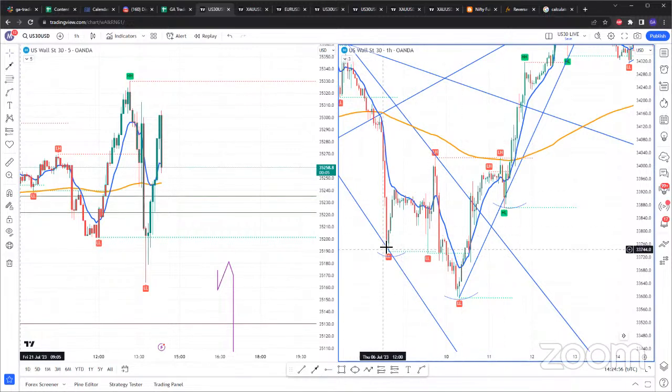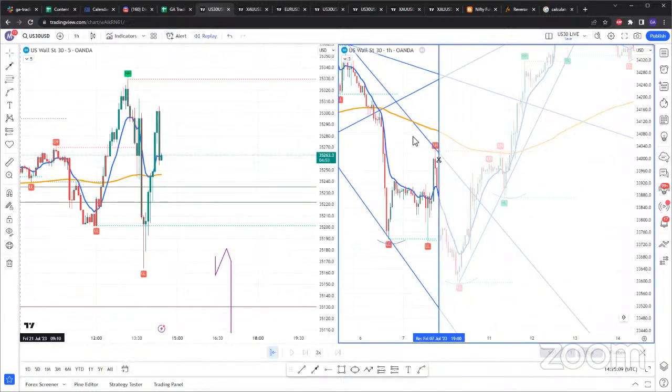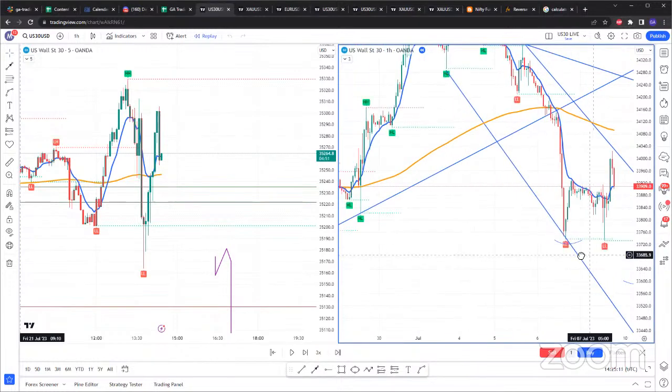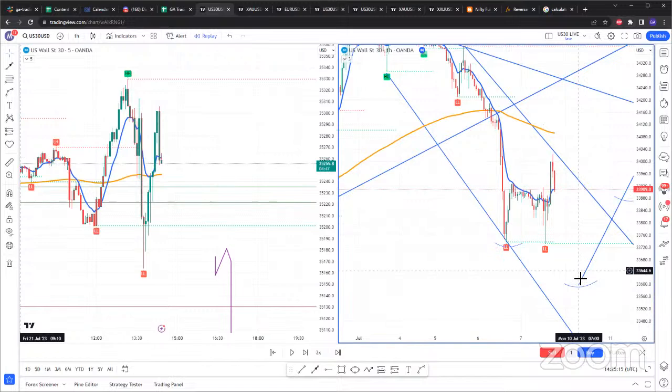Then I did see a left shoulder. When do I identify a head and shoulder or inverse head and shoulder? It's after the head has been formed. I couldn't foresee an inverse head and shoulder at this point, because only the left shoulder had been created, and there was no way for me to know that there was going to be a head down here.